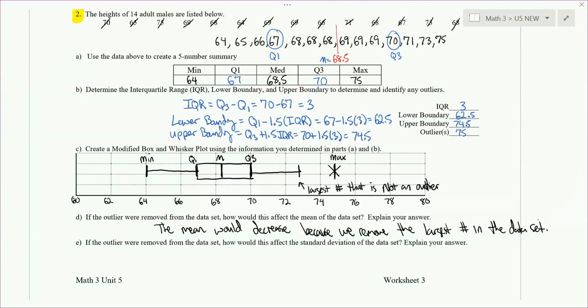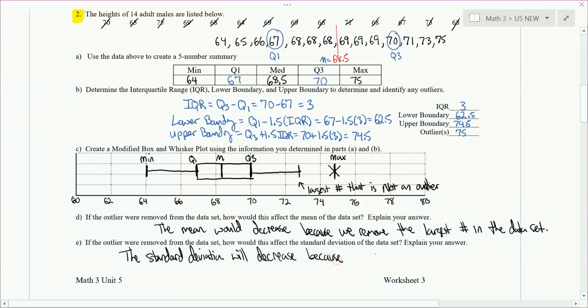If we get rid of the outliers, our standard deviation will be smaller. So the standard deviation will decrease because the data will be less spread out.